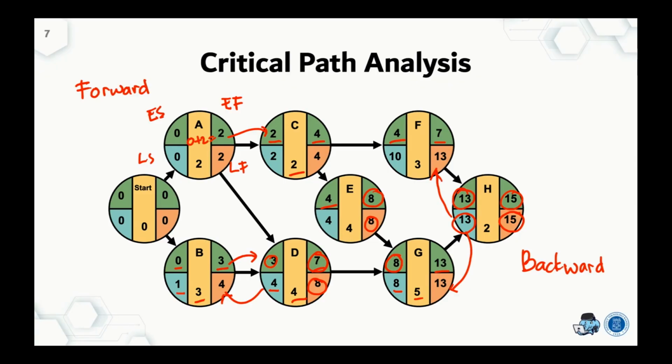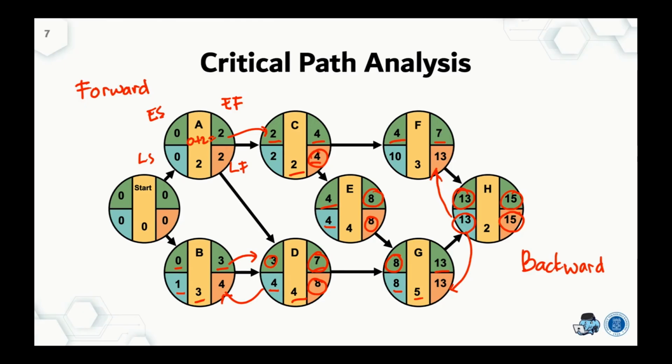Let's take a look at this section. For E, 8 minus 4 equals 4, and this 4 becomes the latest finish of the preceding activity. Why is this 4?